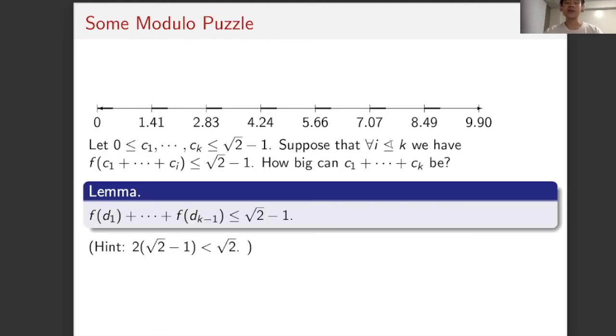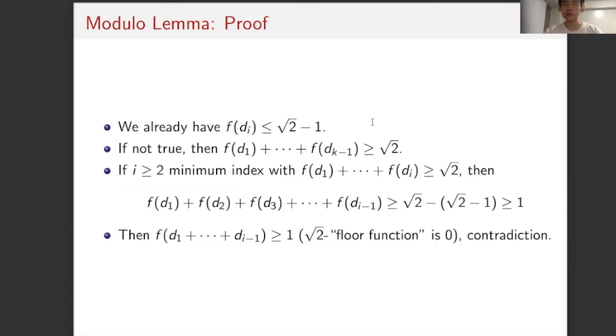Why? Because if it's between square root 2 minus 1 and square root 2, then the fractional part of bk, the biggest minus the smallest, will be between square root 2 minus 1 and square root 2, and our number b sub k minus b sub 1 will be in h, which is a contradiction.